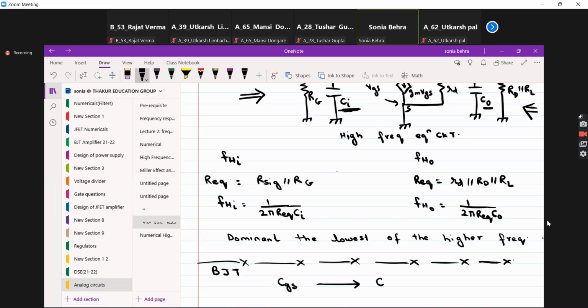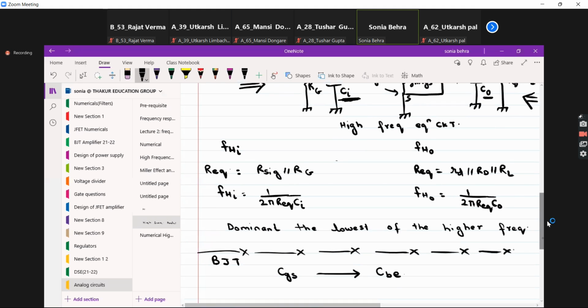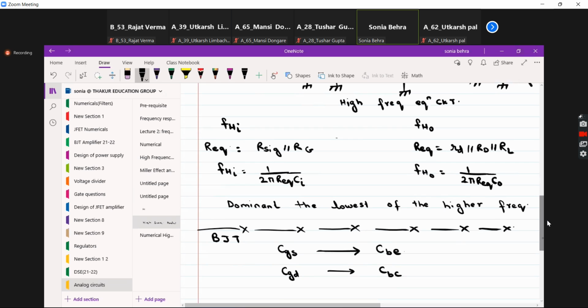That will be replaced by CBE. Okay, just replace your CGS by CBE. Then replace your CGD by CBC. And replace your CDS by CCE. सिर्फ ये रिप्लेस करना है आपको, so you will get your equivalent circuit.